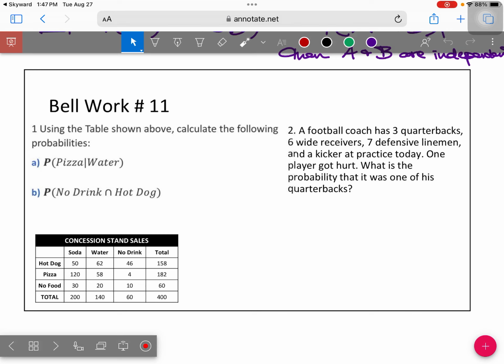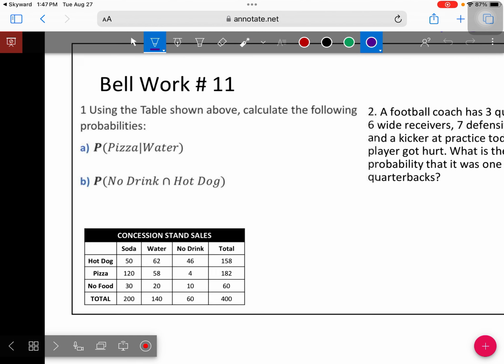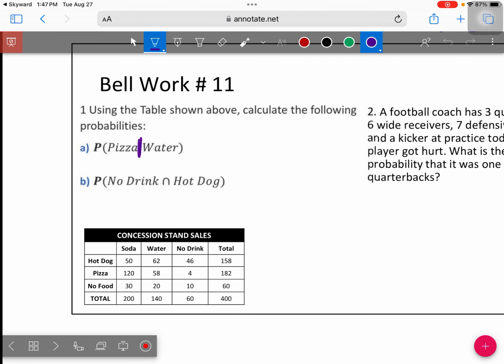Homework number 11. Using the table shown below, calculate the following probabilities. What is the probability that we randomly select somebody who got pizza from the concession stand, given that they also got water? What do we call this kind of statement with this vertical line? It is given that, right?